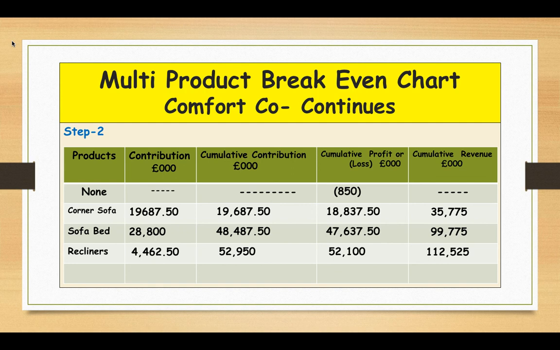So the cumulative contribution is going to be the corner sofa's total contribution, which is 19,687,500, plus the sofa beds, which is 28,800,000. So if you add those two contributions together, you will get 48,487,500.